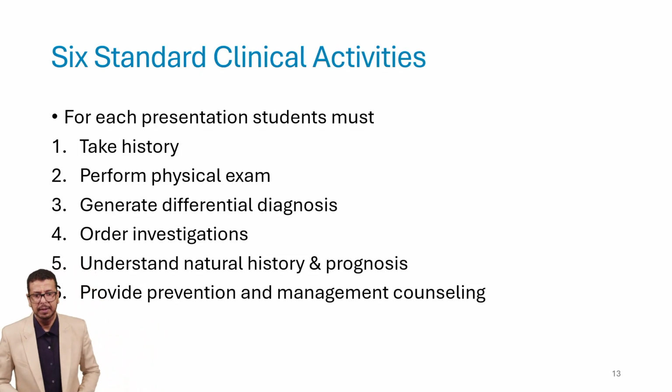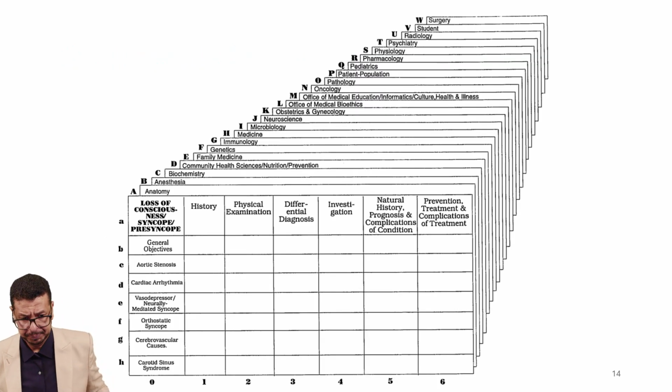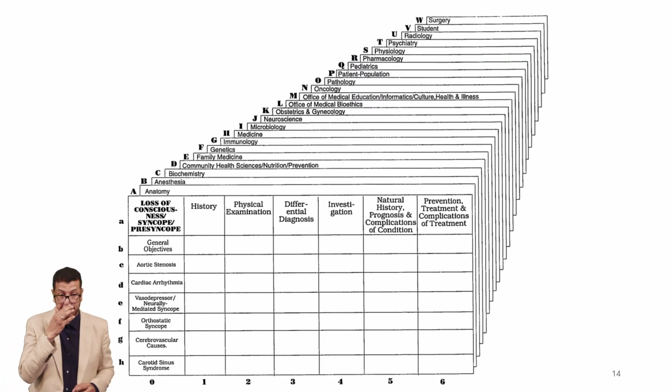For example: taking the history, performing the examination, generating a differential diagnosis, ordering investigations, understanding natural history and prognosis, and providing prevention and management counseling. This figure describes this in detail.